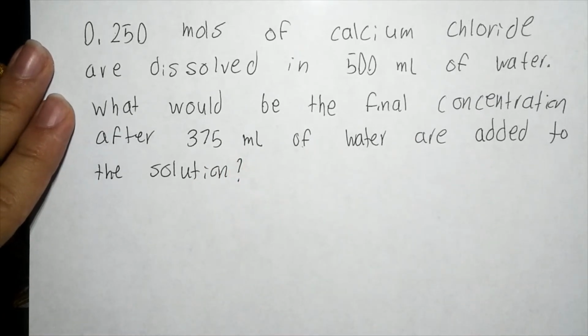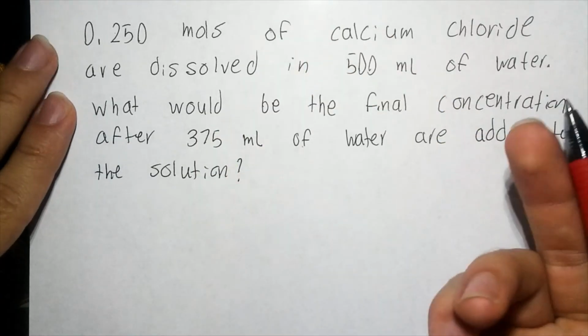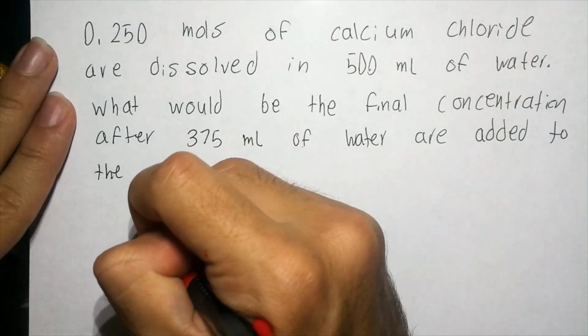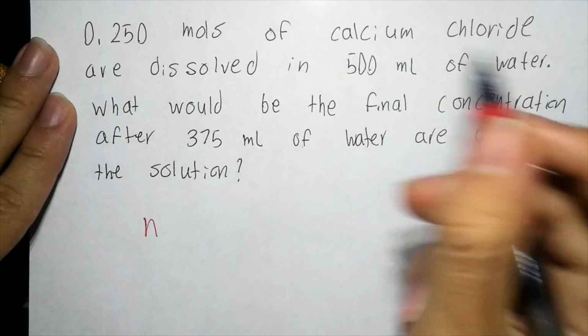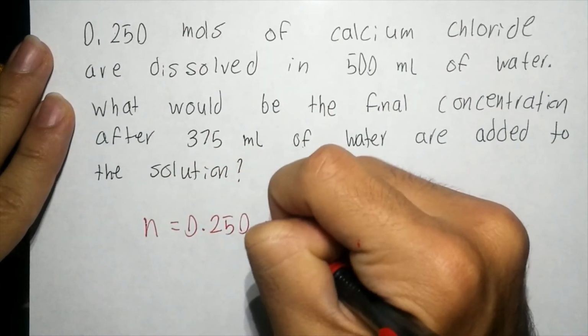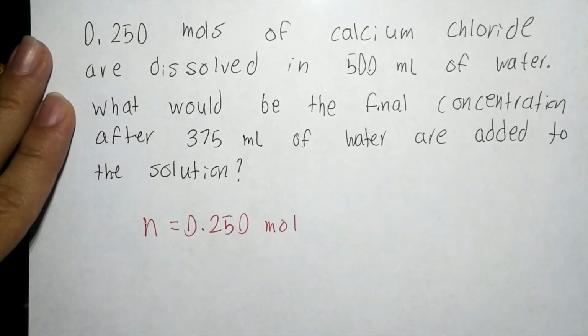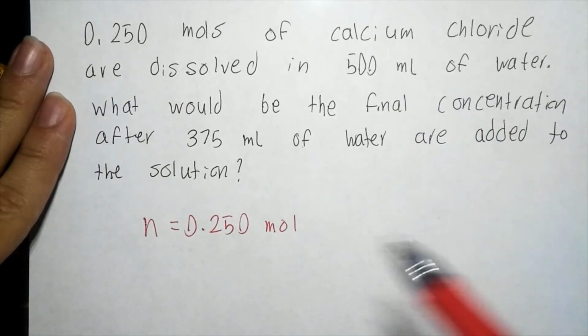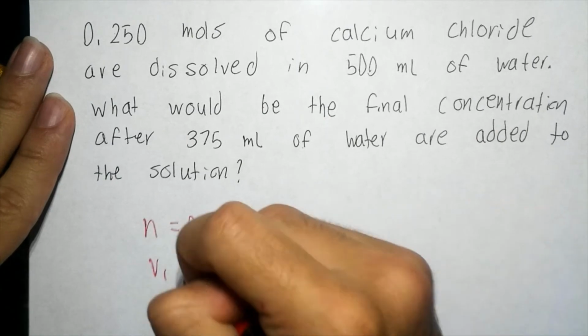So a couple things. We have the initial amount of moles of calcium chloride. So n, that signifies moles, is equal to 0.250 moles. You have the initial volume. The initial volume is 500 milliliters.